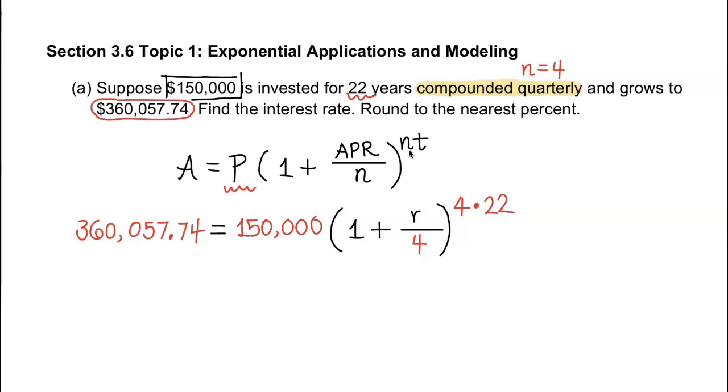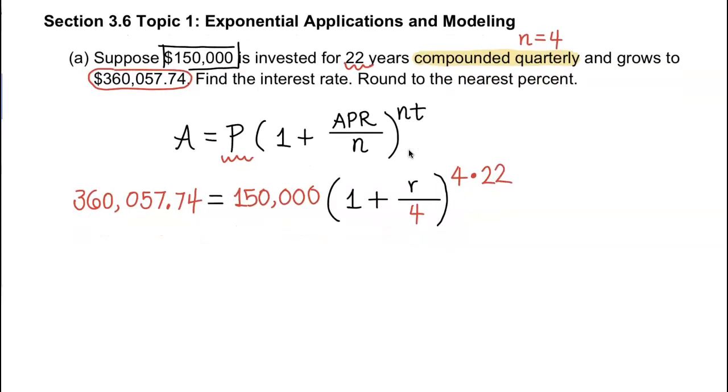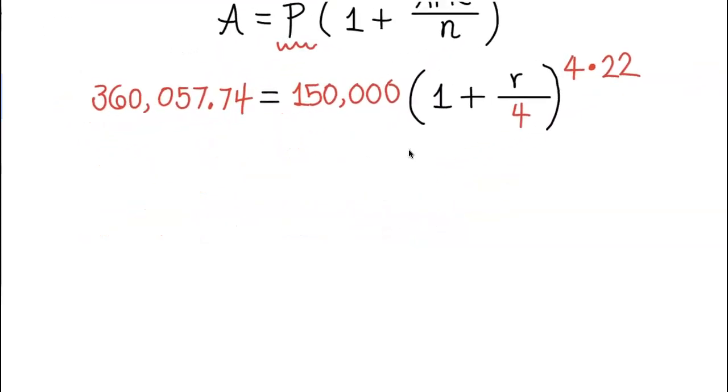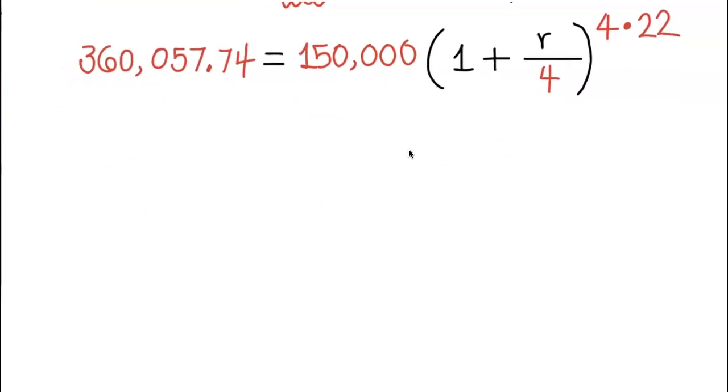So let's go ahead and simplify as much as we can. I don't think we can actually simplify. So let's try to solve for r now, because that's what they want here. Notice this parenthesis is where r is in. So I am going to try to cancel out this big number, 150,000, first, by dividing both sides by 150,000.